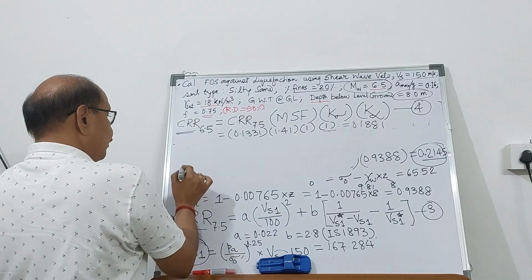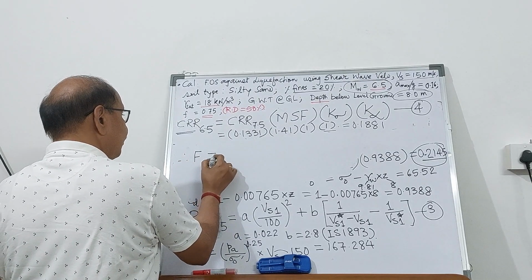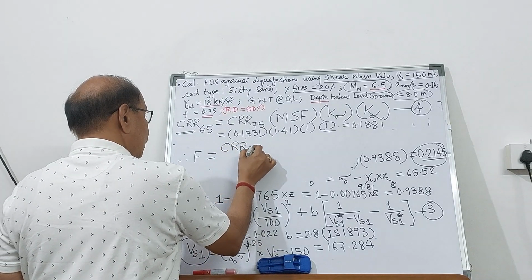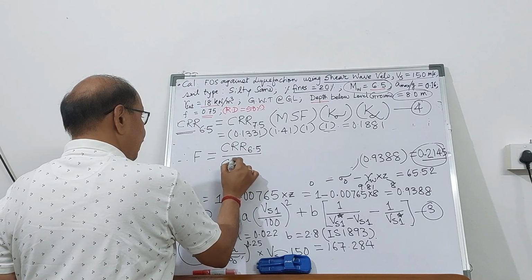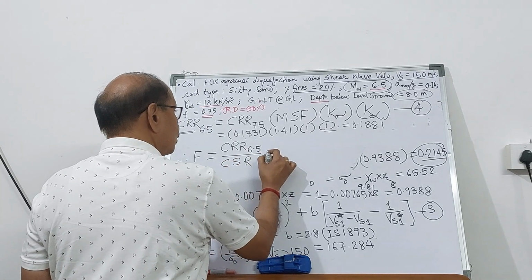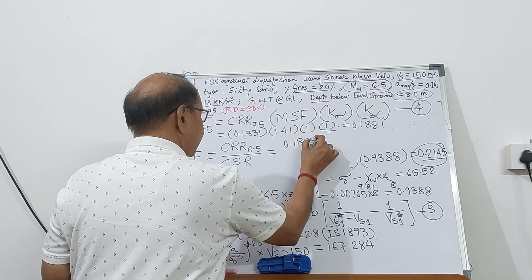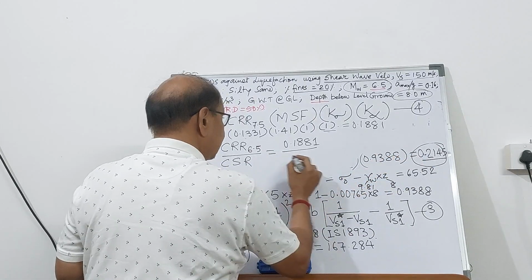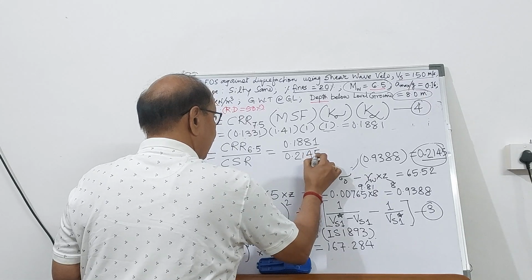Therefore, the final answer, that is the factor of safety, will be CRR corresponding to the magnitude of the earthquake divided by CSR. So the value will be 0.1881 divided by CSR, which is 0.2145.